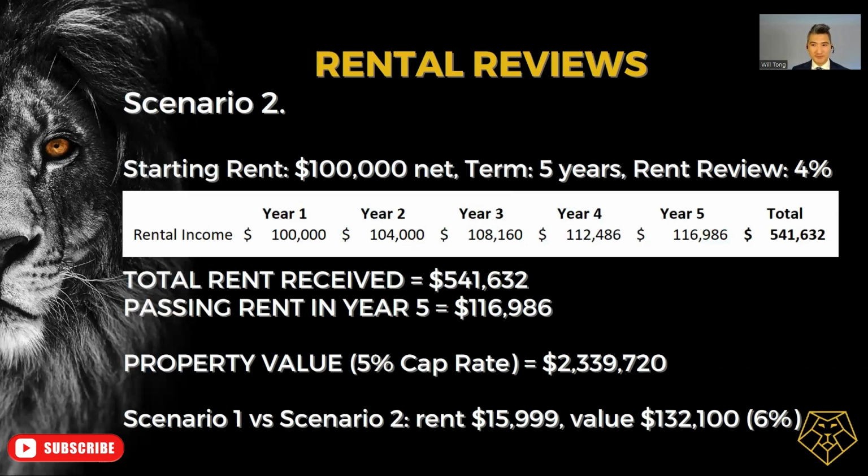So in scenario 2, over the 5-year term, you would receive an extra $16,000 in rent and an extra $132,000 in property value. You see the profound effect it has just by adjusting the rent review by a small magnitude of 1.5%. You've affected over 6% of your profits. Okay, or not profits, sorry, of your property value, which is huge. So don't be afraid to negotiate a little bit harder on the rental reviews.